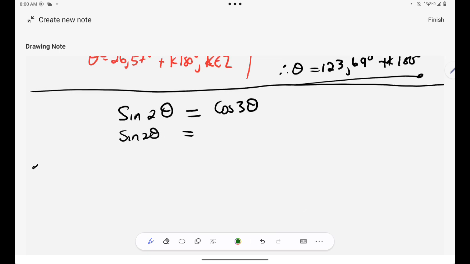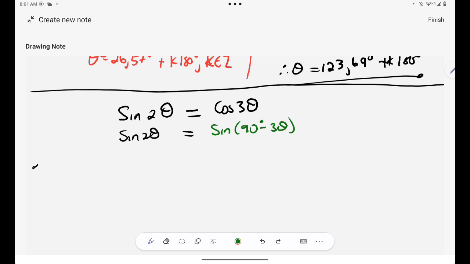Cos 3 theta, I know it can be expressed as sine of 90 degrees minus 3 theta. Whenever you reduce this, it will take you back there. So there's nothing that I changed there. I just changed how it can be expressed at some point.